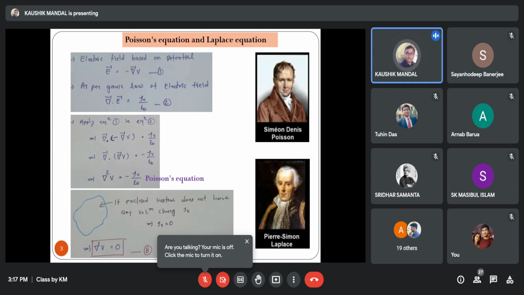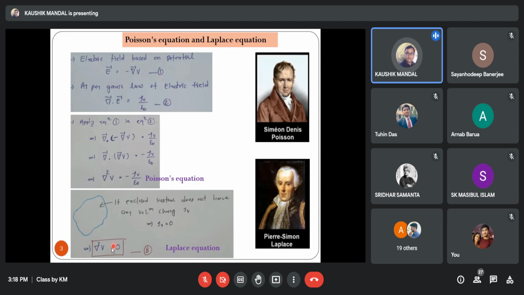Now these two equations are very useful in electromagnetics. For example, by applying Laplace's equation, the first parameter that you can find out is V. Once you determine the potential using Laplace's equation, then we know the relation between the electric field and potential by equation number 1.